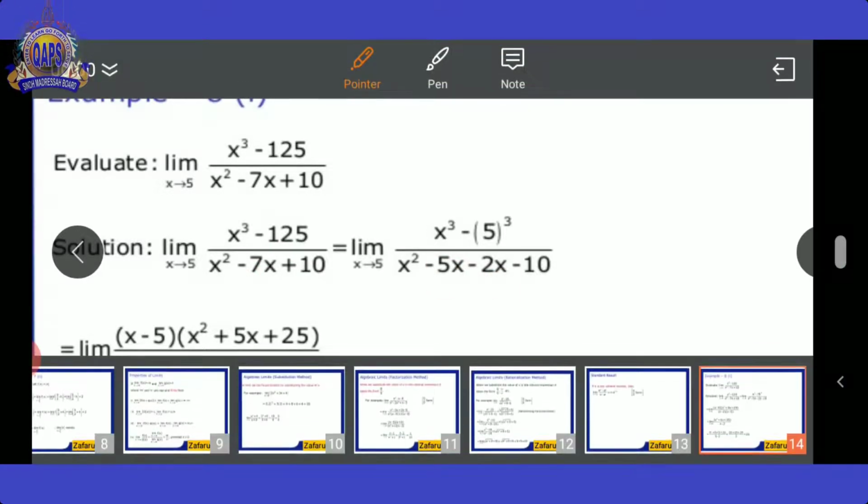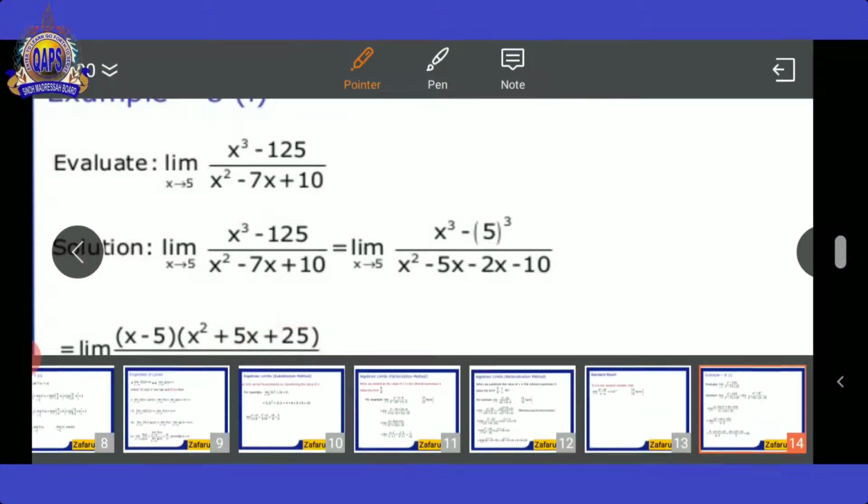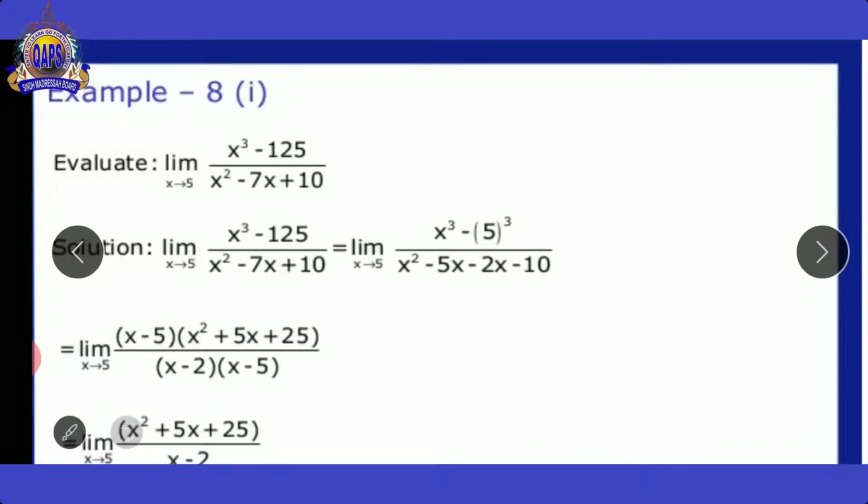Minus 5 and minus 2 is equal to minus 7. Now x cube minus 5 cube creates two brackets, x minus 5 and x square plus 5x plus 25. Here we are applying this formula.